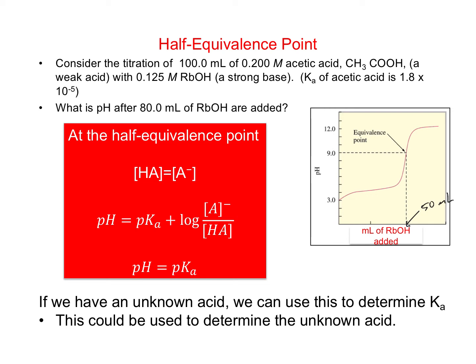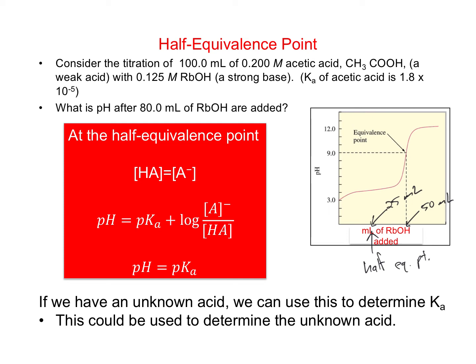Then the half-equivalence point would occur at 25 milliliters. Now, what's important about the half-equivalence point is the fact that we've added exactly half the hydroxide we need to neutralize the acid. That means exactly half of our starting acid will have been converted into its conjugate base.